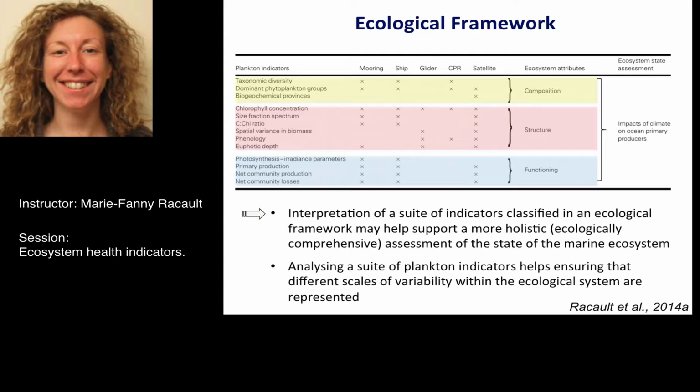And this ocean color data, actually, Trevor mentioned it this morning, you get the most information when you can use different data streams. And so here is an ecological framework with a number of plankton indicators, and different observing systems.